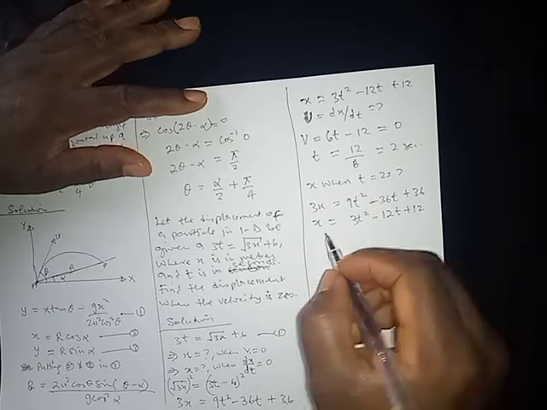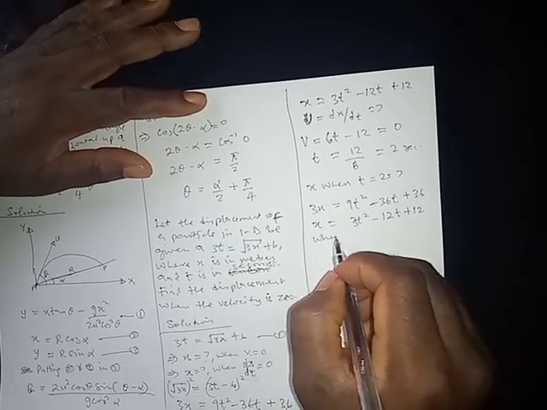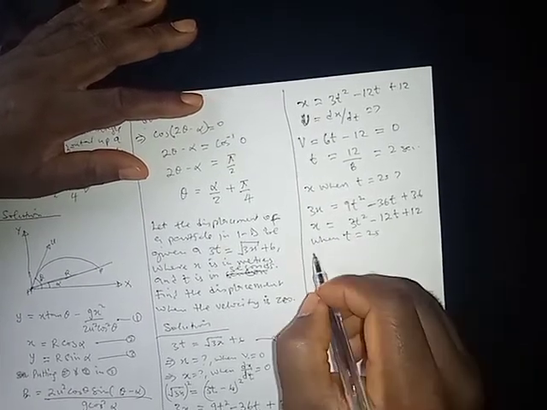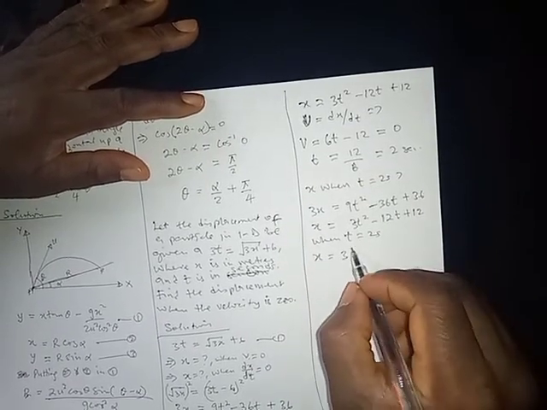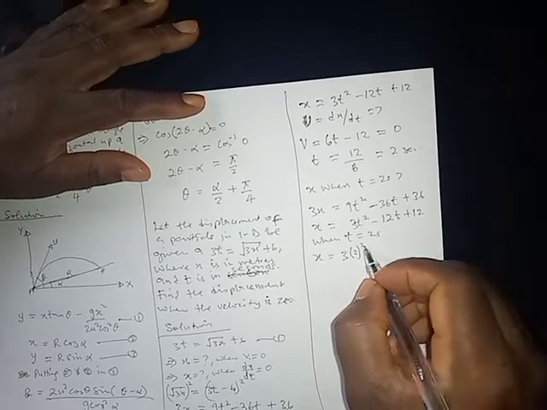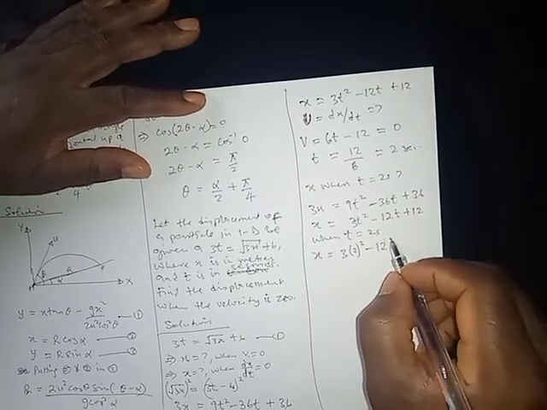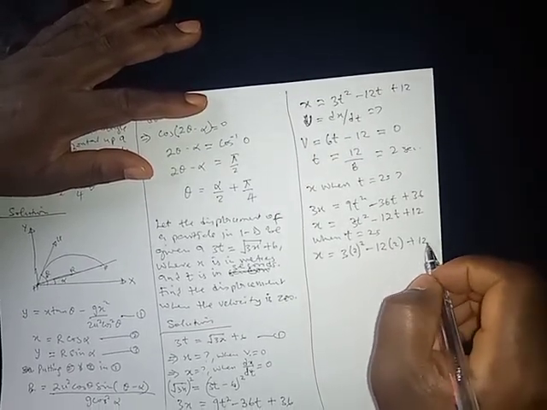Now from here, when t equals 2 seconds, we have x equals 3 into 2 square minus 12 into 2 plus 12.